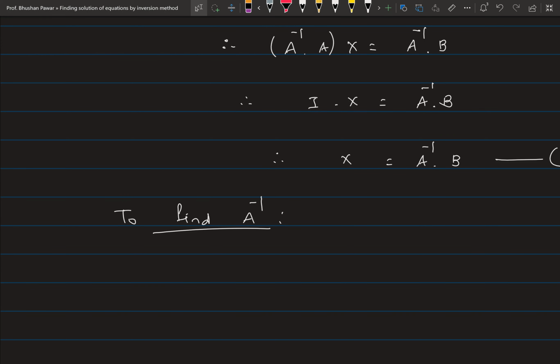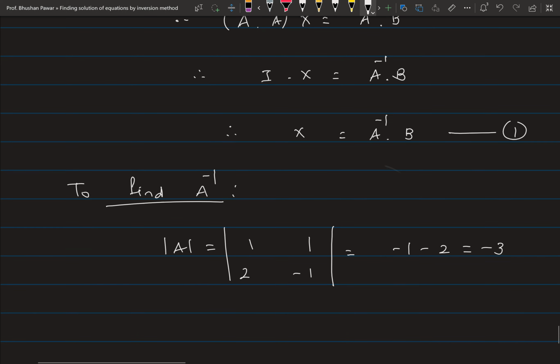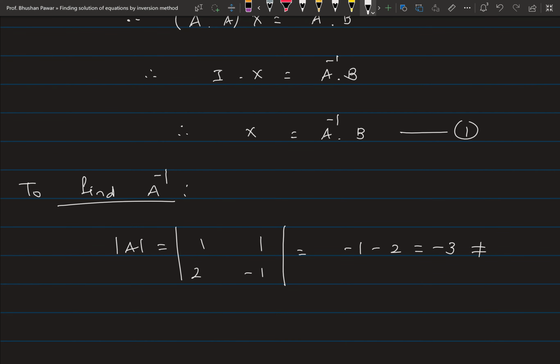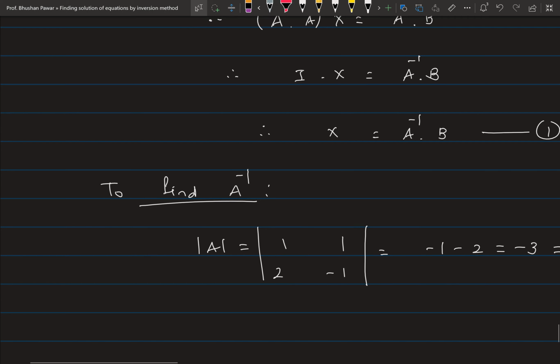Right now we are going to first find the determinant of matrix A. Matrix A was 1 1 2 minus 1. Taking the determinant of this, we get minus 1 minus 2, which is minus 3. This is not equal to 0, so we say A inverse exists.